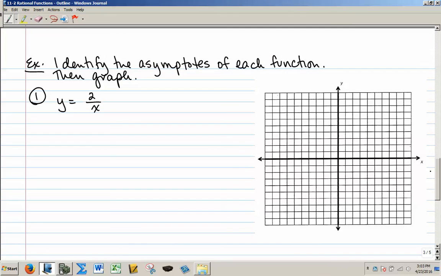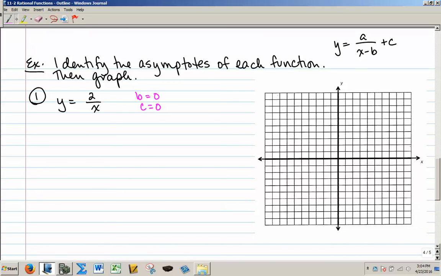This says identify the asymptotes of each function and then graph. The form for this was y equals a over x minus b plus c. As you can see from this function, there's nothing being subtracted from x in the denominator, so b is equal to 0. And there's nothing being added at the end, so c is also equal to 0.